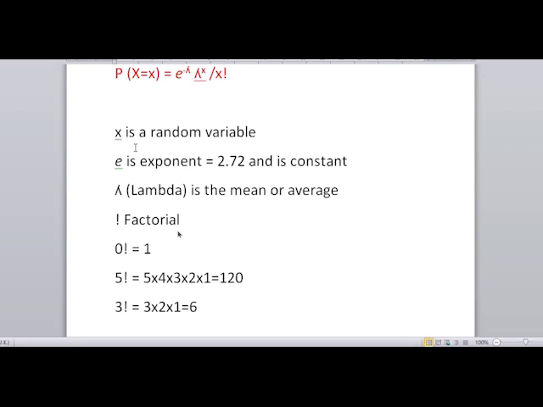It's 720. Okay, that's how we use the factorial. So we come up with values when we tell you maybe 8 factorial, 10 factorial, and so on. So I've explained what is in the formula. X is a random variable.